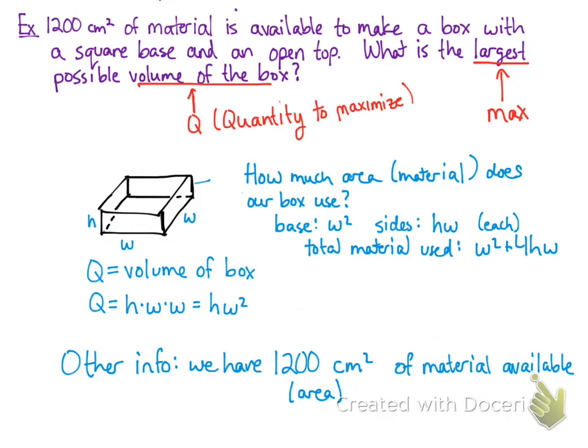So the total area, the total material used, is W squared, the base, plus 4 times HW for the sides. Remember, there's no top on the box. So our 1,200 square centimeters of material have to be enough to cover W squared plus 4HW, and that relates W and H. So we have 1,200 equals W squared plus 4HW.